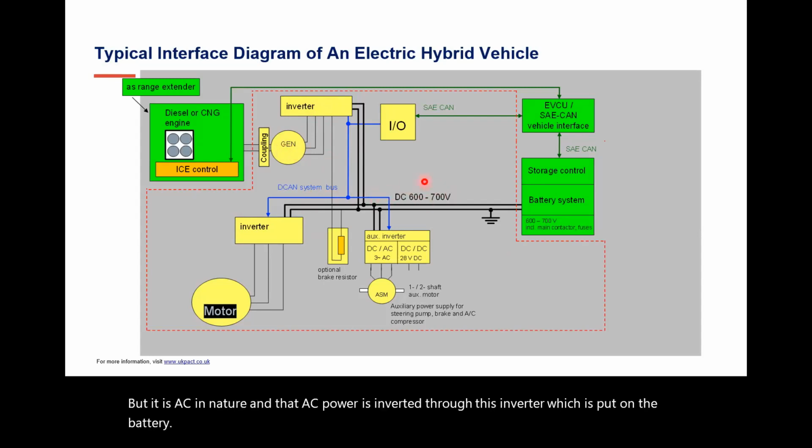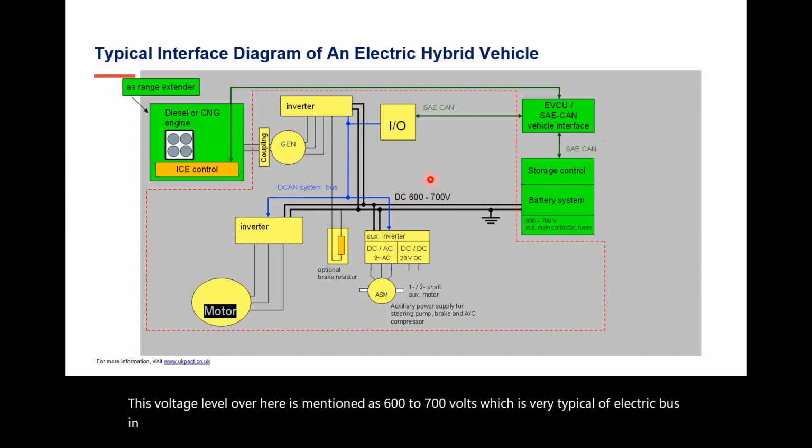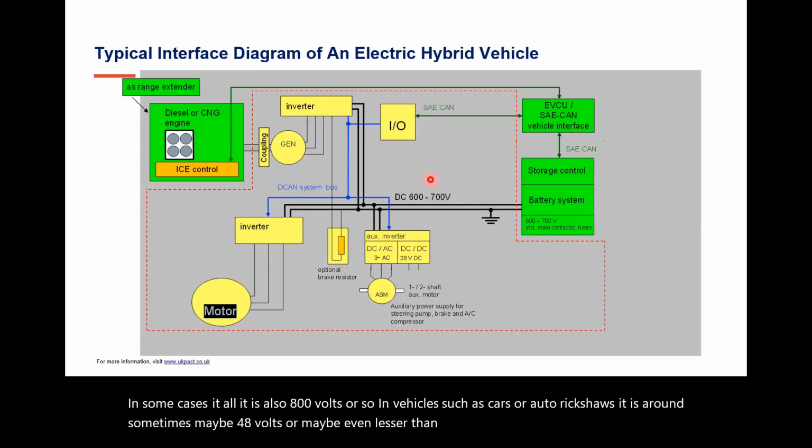This voltage level over here is mentioned as 600 to 700 volts, which is very typical of an electric bus. In some cases, it is also 800 volts or so. In vehicles such as cars or auto rickshaws, it is sometimes around 48 volts or maybe even lesser than that. However, the concept remains the same.